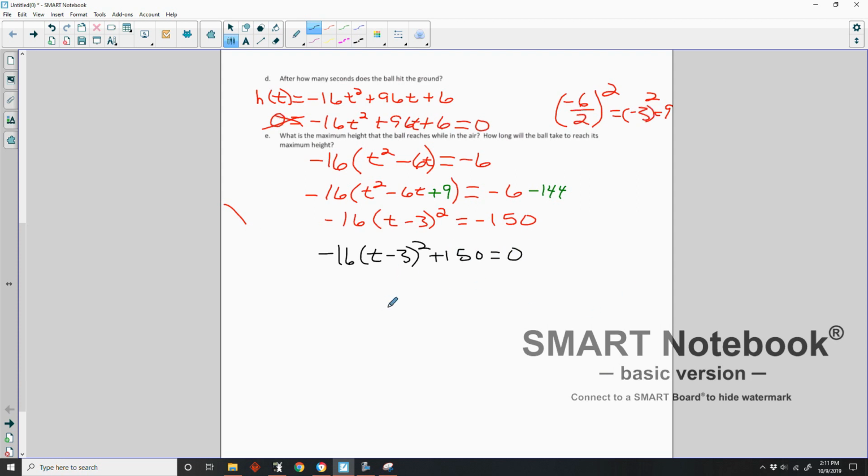So now that this is in vertex form, remember, my point is this and this in parentheses. So the answer is, and it's the opposite because it's inside parentheses, (3, 150). So what that means is after 3 seconds, the ball went up 150 feet.